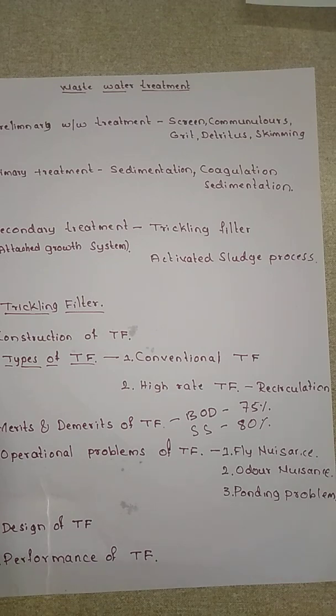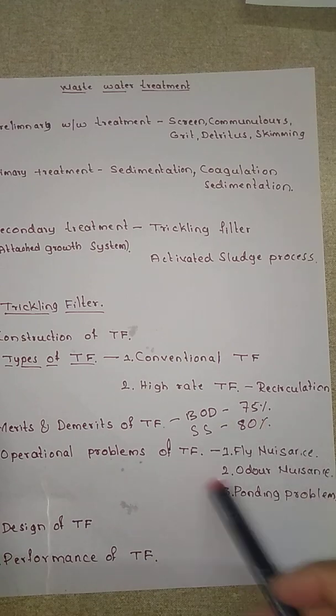This problem may be controlled by flooding the filter with sewage for 24 hours. The flooding will destroy the larvae and usually interferes only slightly with the operation. Another method of controlling these flies is to use DDT, chlordane, or benzene hexachloride. By applying these to the filter plant, we can avoid the problem of fly nuisance.